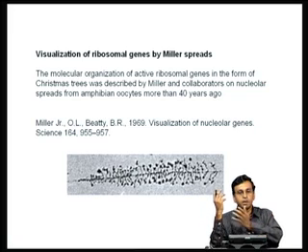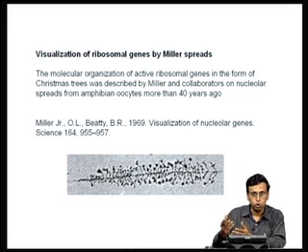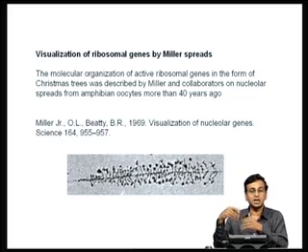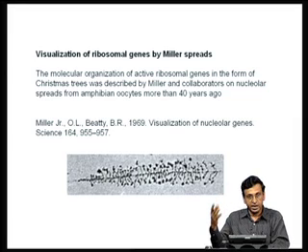Therefore, if cells have to make large amounts of proteins, they need large amounts of ribosomes. That means rDNA transcription has to go on at very high levels, and depending upon the physiological status of the cell, the metabolic status of the cell, and the cell cycle, rDNA transcription is very finely regulated.